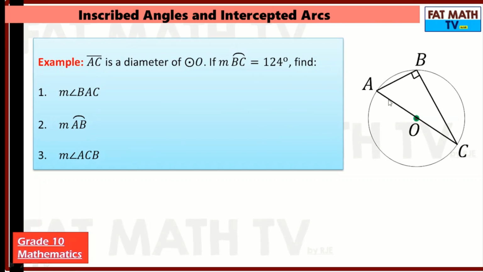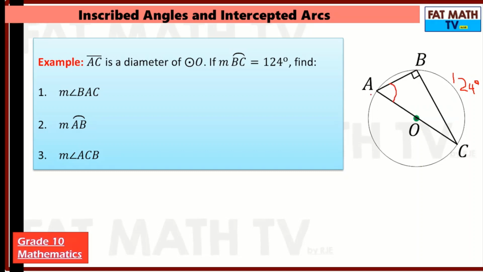Okay, example, if AC is a diameter of circle O, and arc BC is 124 degrees, find the measure of angle BAC.